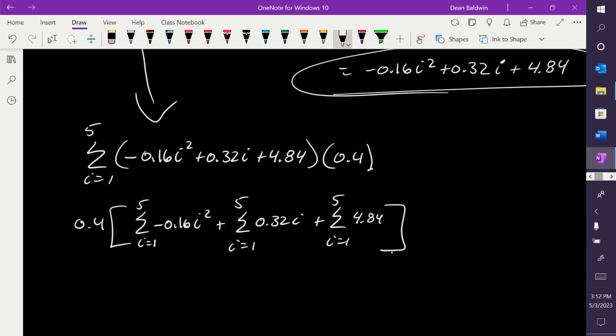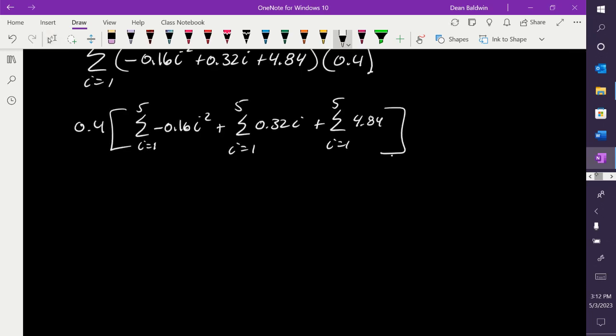Okay, so now we've got it to the point that we can use our formulas. Does everybody agree with that? Yeah, because we have an i squared. So the 0.4 is multiplied by everything. The negative 1.16 comes out. The sum of i squared is n plus 1, 2n plus 1 over 6.